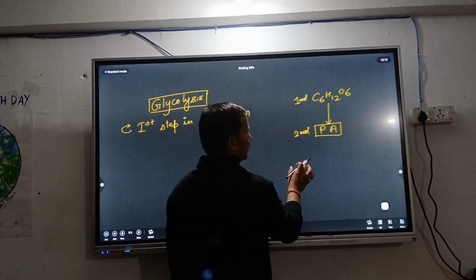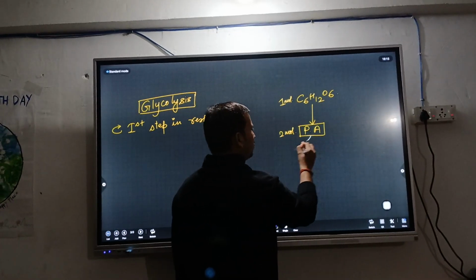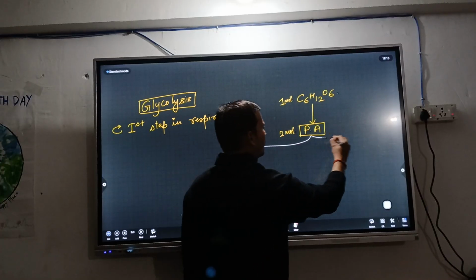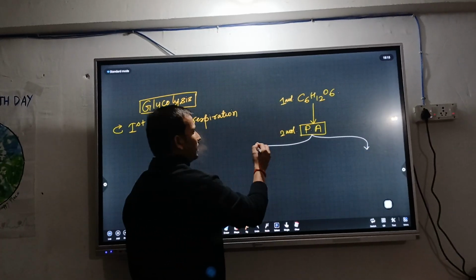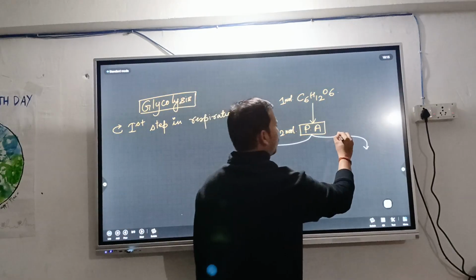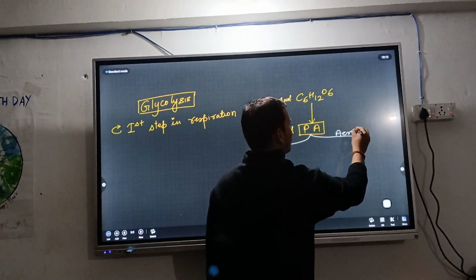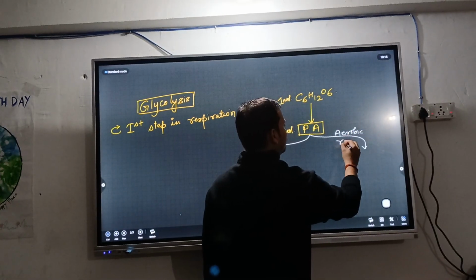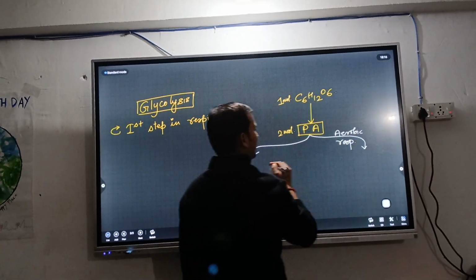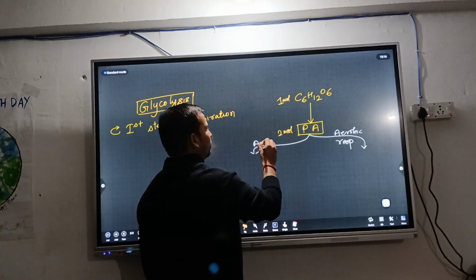And finally this pyruvic acid, student, is given two options. How many options? Two options. First option, either you can choose aerobic respiration, and the other you can choose anaerobic respiration.